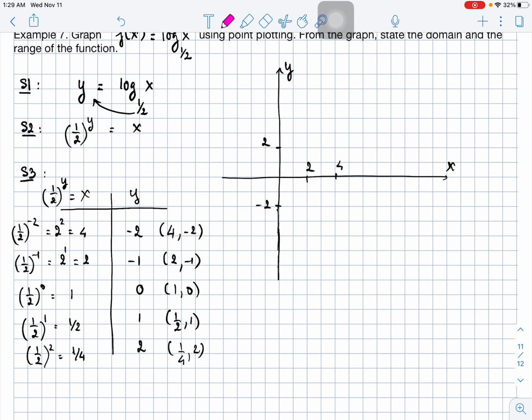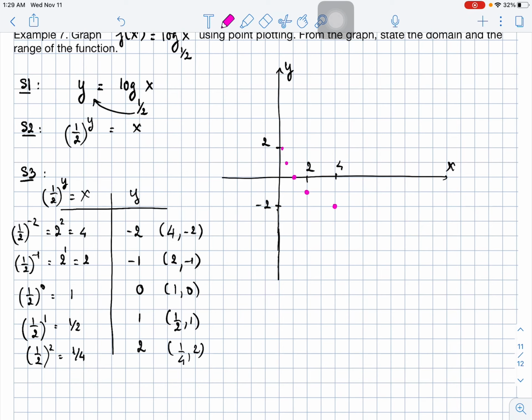First of all, we make 4, -2: 4 on the x and -2 on the y. 2, -1. 1, 0. 1/2, 1: 1/2 on the x and 1 on the y. And then 1/4 on the x and 2 on the y.